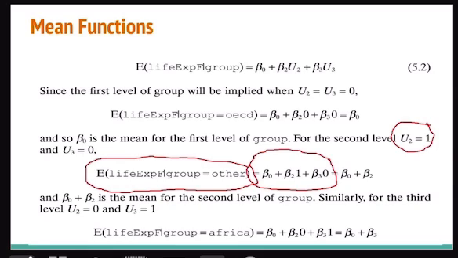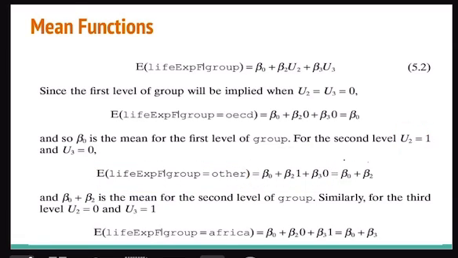I'm plugging in 1 for U2 because I'm focusing on others. The dummy for others is U2, the dummy for OECD is U1, and the dummy for Africa is U3. Now, what are you going to see? Just pay attention. The beta naught is the average life expectancy for women in the OECD.